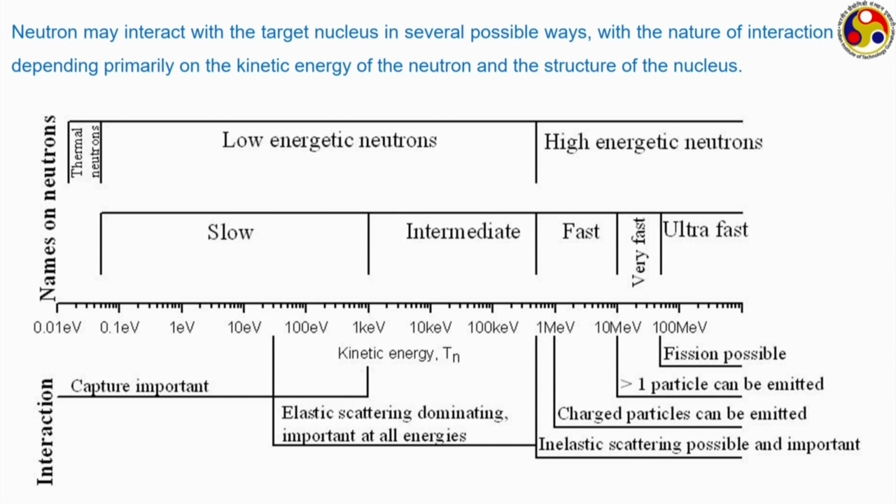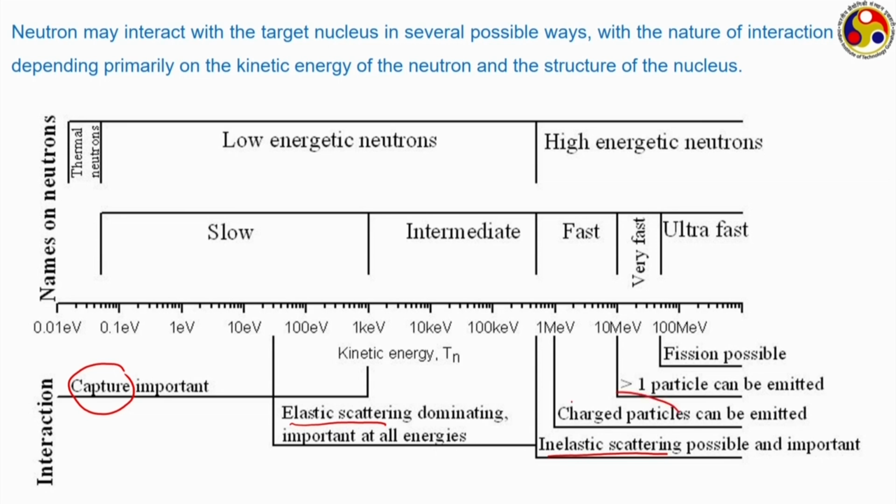Here, do not go into the numbers shown in this table, just look at the different kinds of reactions mentioned. One possible reaction is the capture reaction, also called an absorption reaction, which is more likely for slow neutrons, whereas we can also have elastic scattering and inelastic scattering, very suitable for fast or ultra fast neutrons.